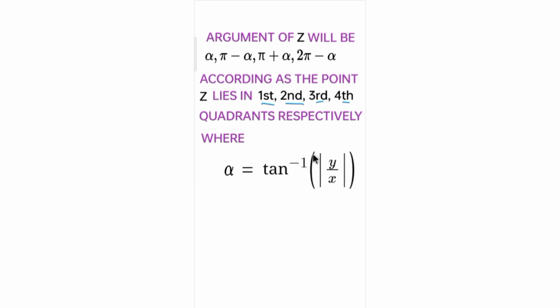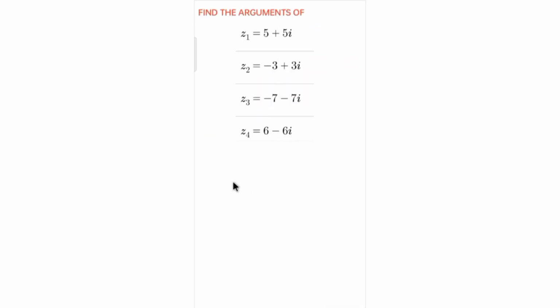In the third quadrant x and y are both negative, so we take tan inverse of mod y by mod x. In the fourth quadrant x is positive and y is negative, so we have tan inverse of mod y by x. I've written all those things there, just to give you an outlook of what the argument is.